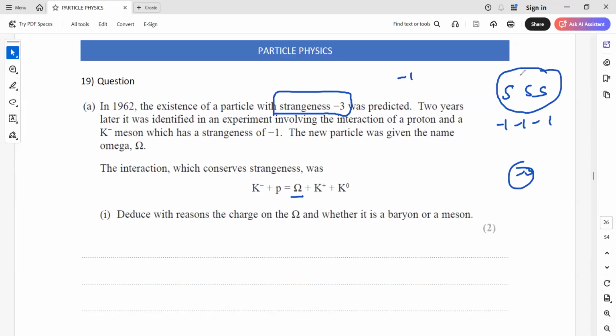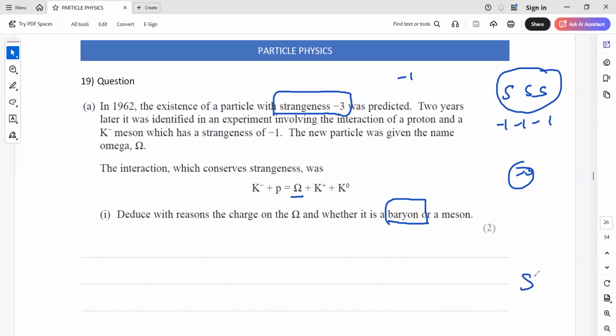And when a particle is made up of three quarks, we call that a baryon. Why is it not a meson? If it was a meson, it should be made up of a quark and anti-quark, the baryon number would be zero, and the strangeness number could not be -3. Strangeness number of -3 means there are three strange particles.